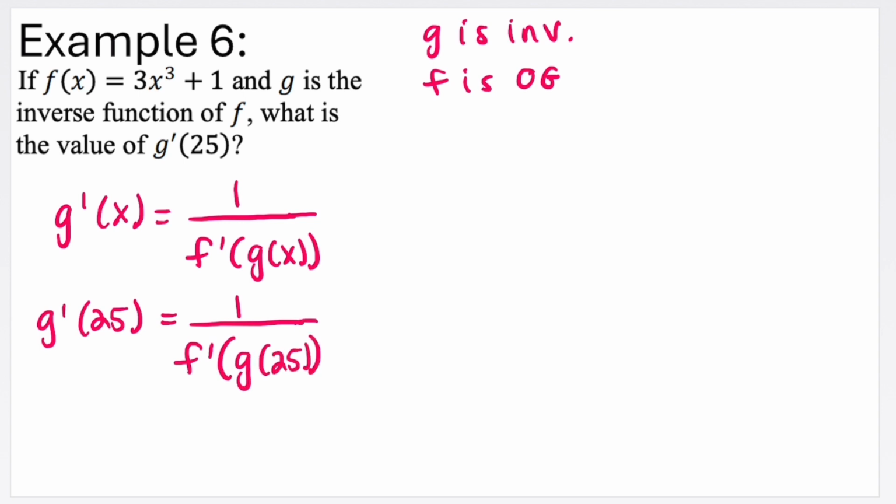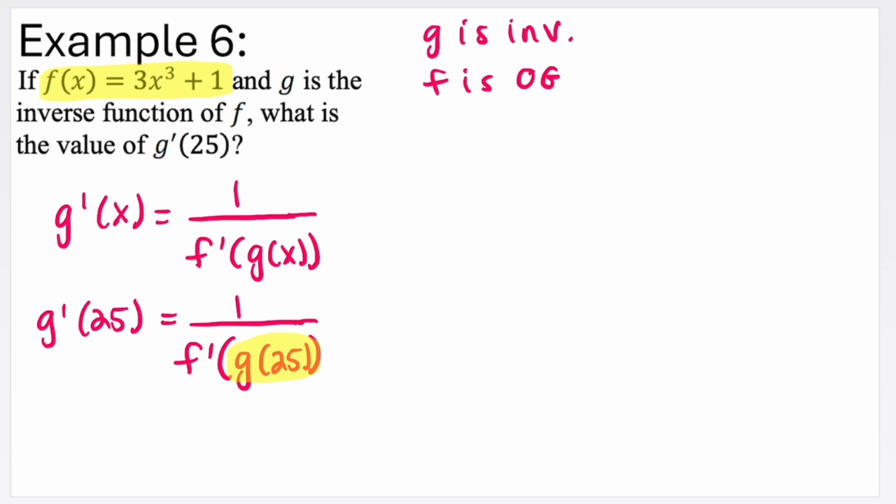Now, I don't know what g of 25 is, but I can figure it out by using the original function, because 25 is going to be an output of the original function, and I just have to figure out what the input is, because then those are going to flip around for the inverse.